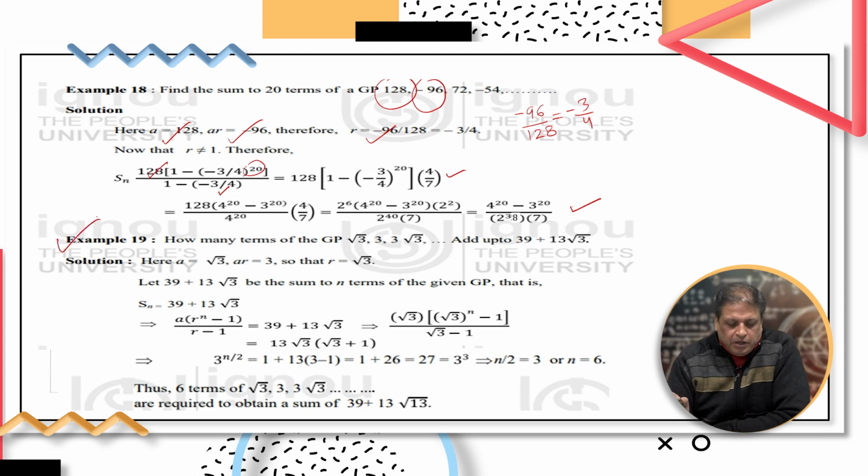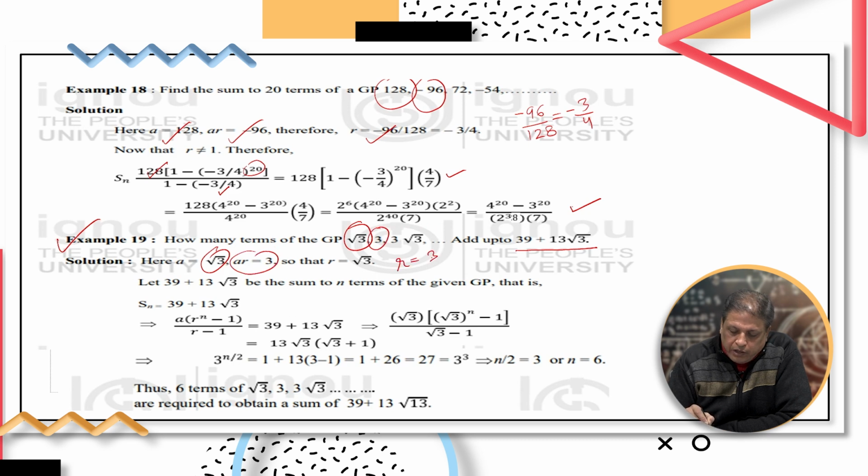Now, one more example: how many terms of the GP root 3, 3, 3 root 3 add up to 39 plus 13 root 3? The first term is root 3, so a is root 3, and ar is 3. So the common ratio r is equal to 3 by root 3, which means the common ratio is root 3.